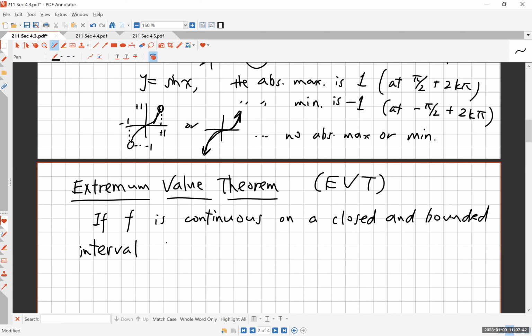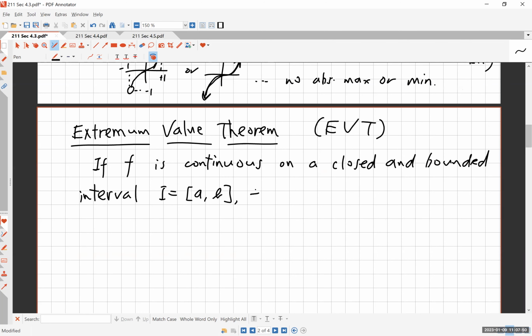Let's say I, which is A to B, including the endpoints. That's what makes it closed and bounded. Then f has an absolute maximum and absolute minimum. Guaranteed.